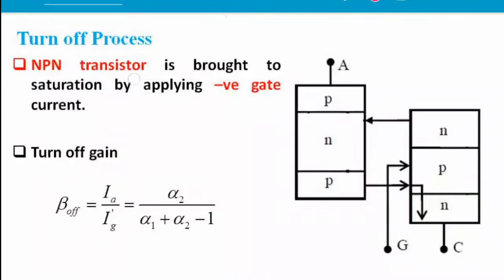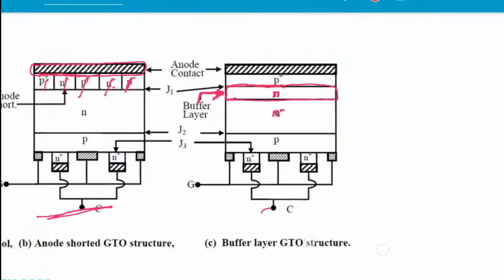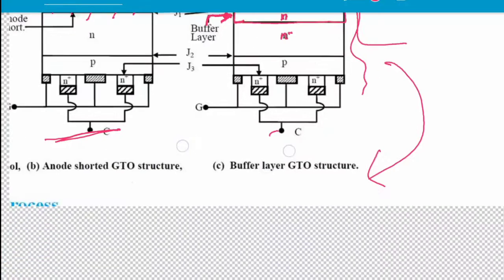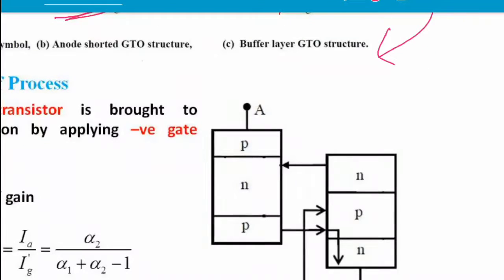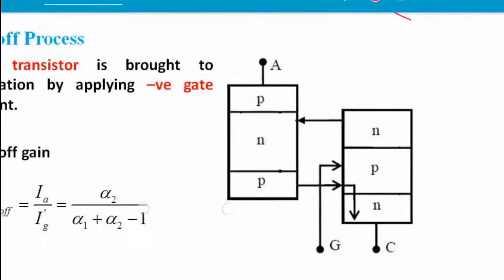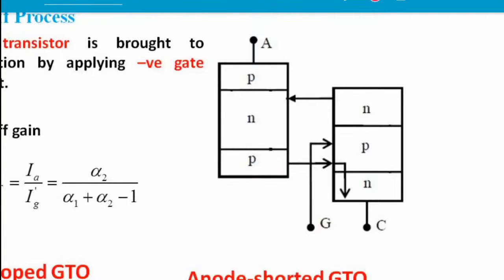This structure can be converted to a two thyristor model like this: one PNP transistor and one NPN transistor, and here these are connected, and here the gate is provided to the p layer. This p layer is the same, and this n layer is the same.